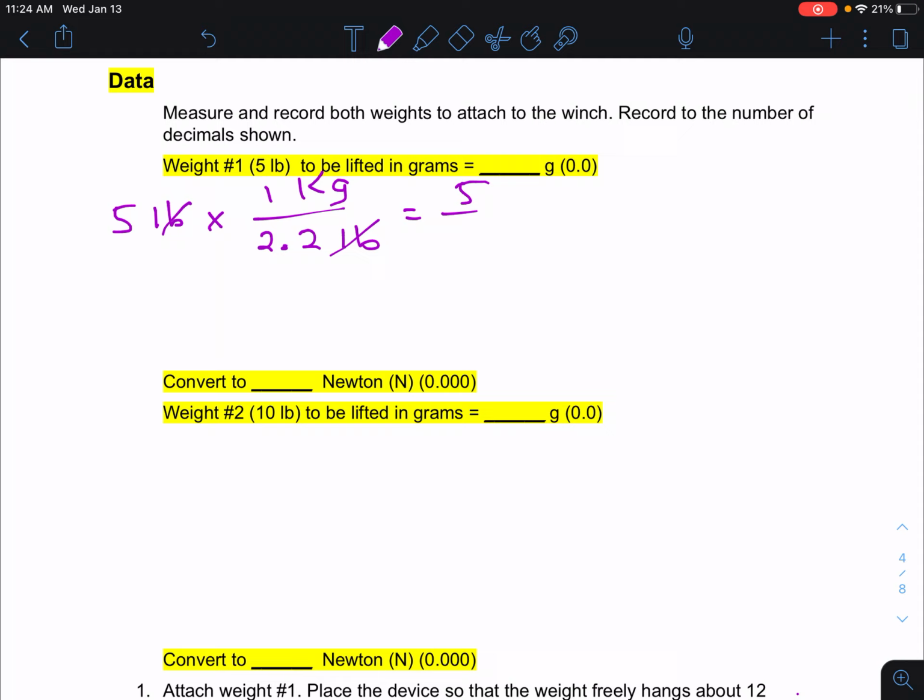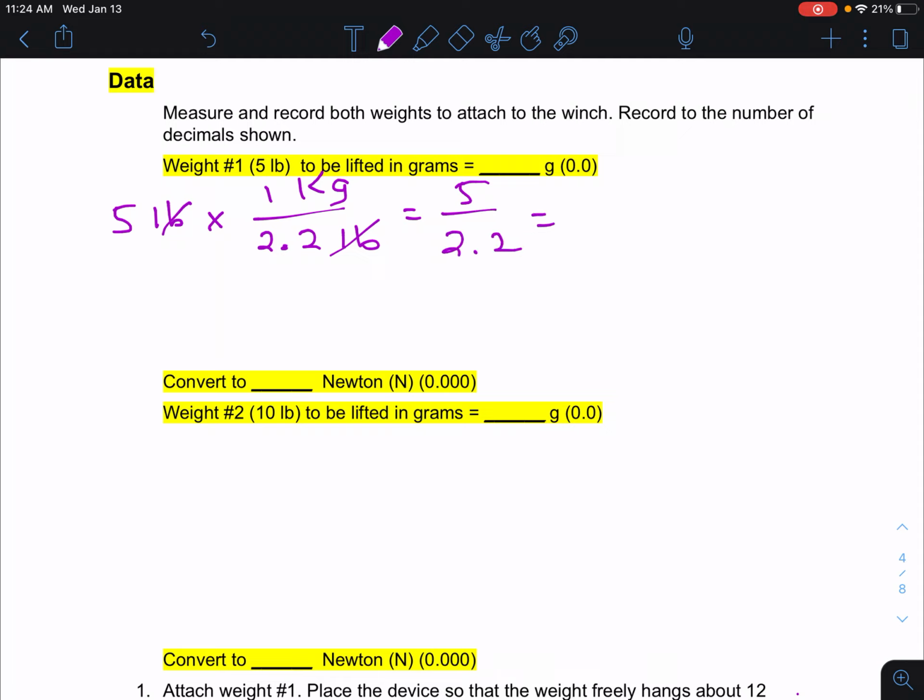So we have a 5 pound weight, and we are going to convert that 5 pounds to kilograms first and then to newtons. We know that there are 2.2 pounds per every 1 kilogram, and pounds cancel out, so we have 5 divided by 2.2.